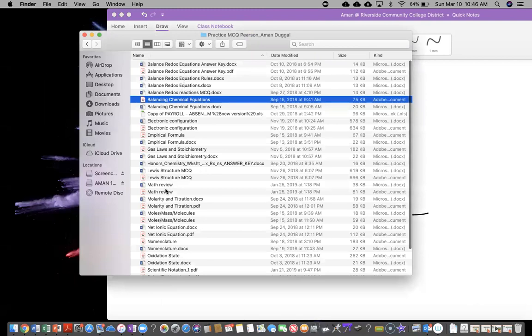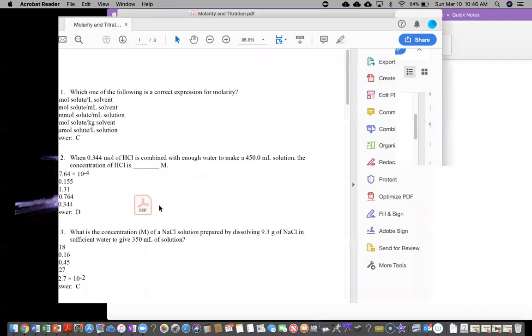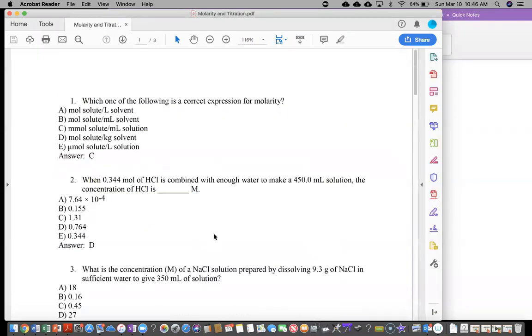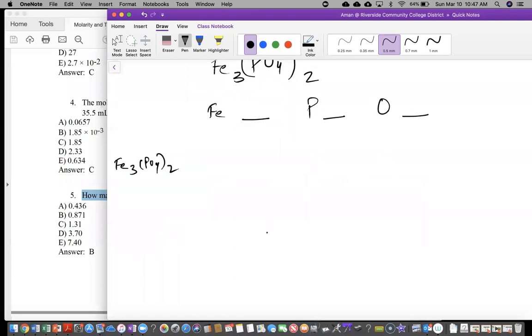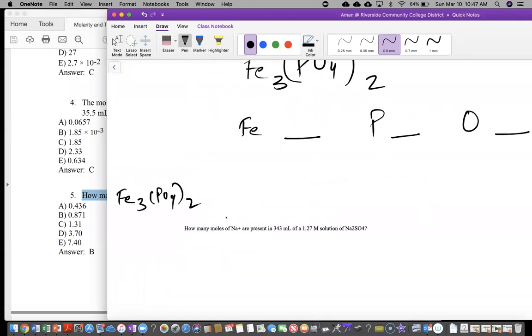Right. So you're saying molarity. Where's that? Right there. Number 5. How many moles of Na+ ions are present in 343 mLs of 1.27 molar solution of sodium sulfate? All right.